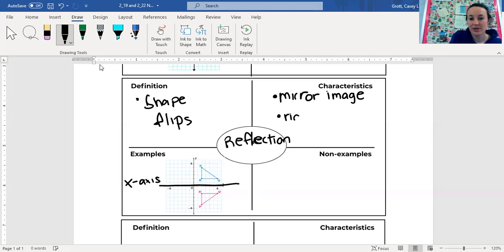This is another rigid transformation. That's an N, it's supposed to be an N. Again, that means there's no change in size or shape.